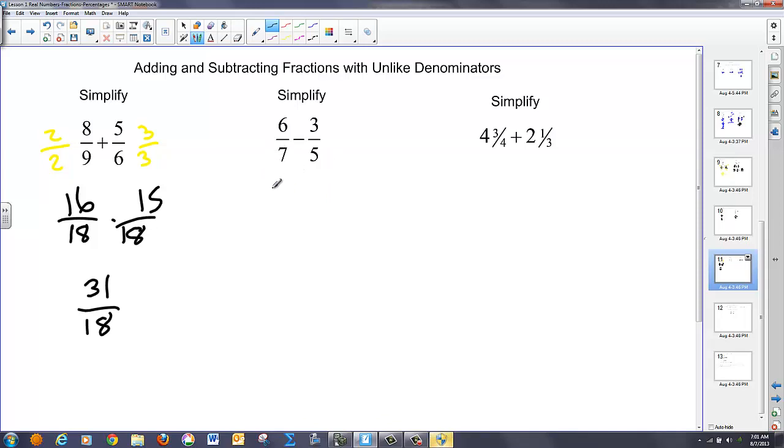In this case, I can continue to multiply 7 a number of times until I get something that 5 goes into. Since these have nothing in common, nothing goes into 7 that will ever go into 5, I can just multiply those two numbers together. 35 is my LCD.